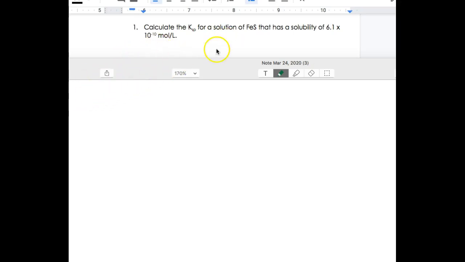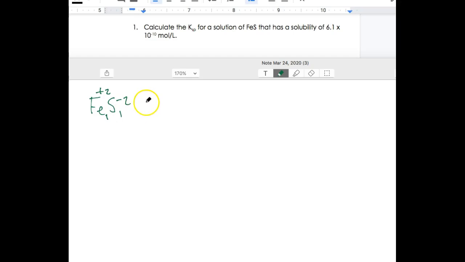Even if you don't know what to do, the first thing you should do is write your equation. So iron sulfide. We know sulfur is -2 charge because it's in the 6th column. If this is -2, then this has to be +2 because it's a 1-to-1 ratio.